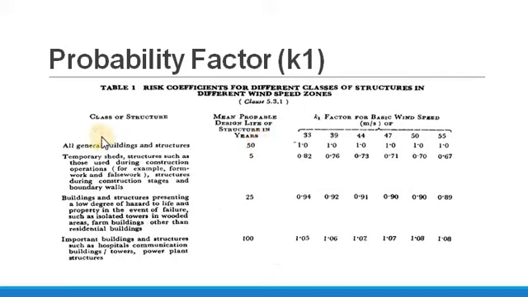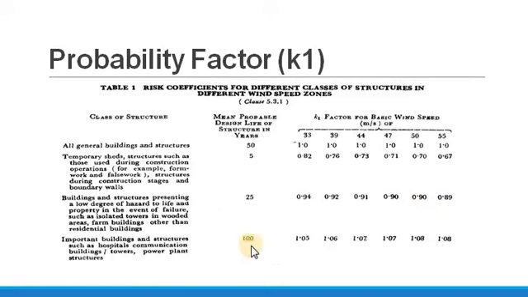For example, if I take a general building, all general buildings and structures, if the mean probable design life is 50 years, the value is 1 for the different wind speeds. Similarly for temporary sheds and buildings and structures presenting a low degree of hazard to life, having 25 years of design life, the values are like that.